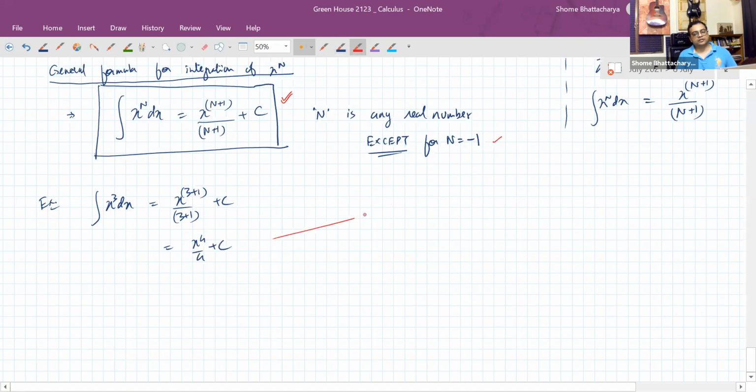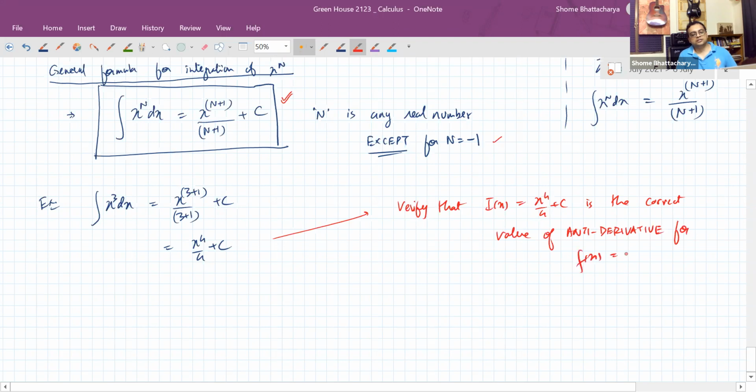Now we can always verify that this function which I have written, x to the power 4 by 4 plus c, is the correct value of antiderivative for the function fx equal to x cube. Which is why now we should never make a mistake in integration, because we can always check our answer ourselves. So if it's the antiderivative, then its differentiation should give me fx.